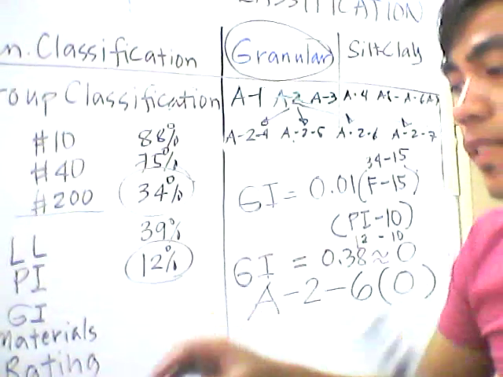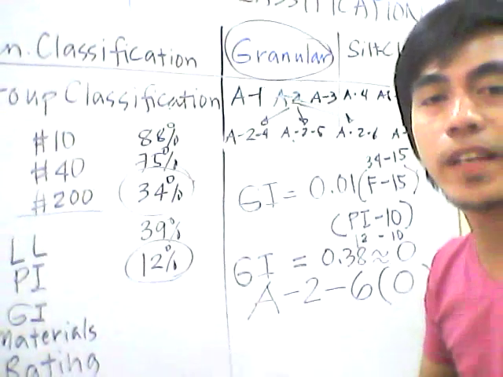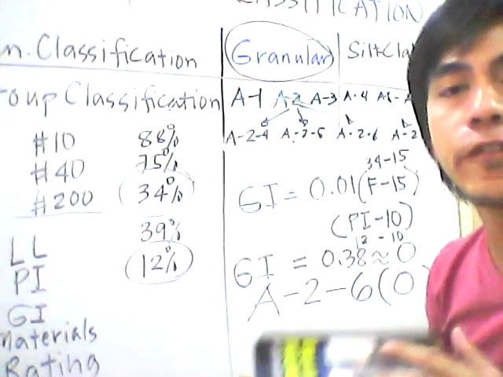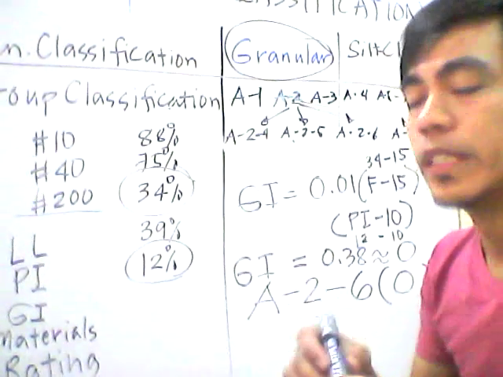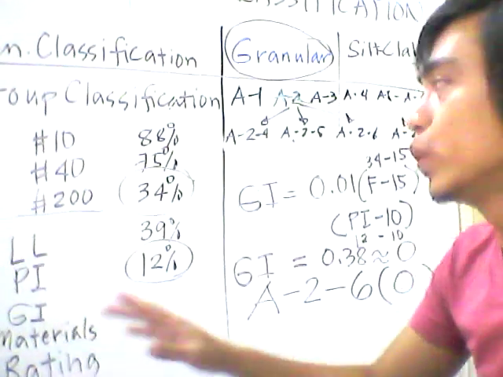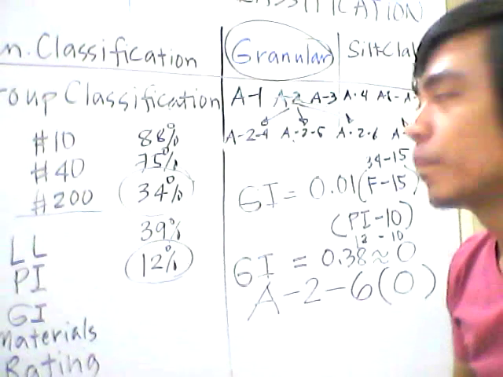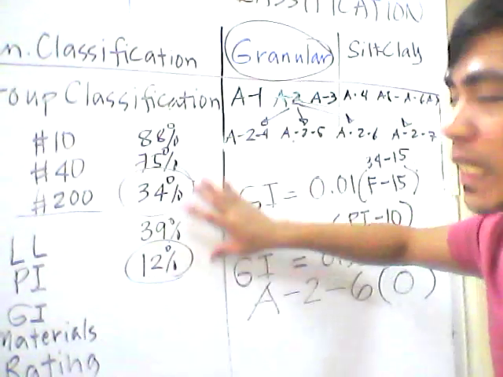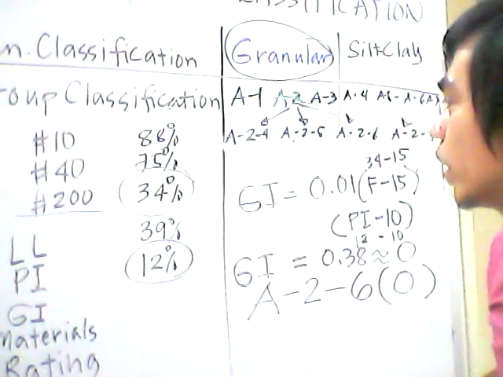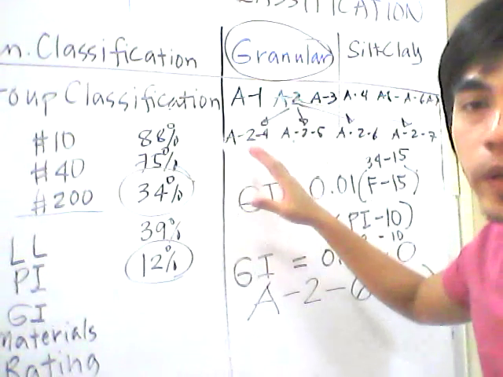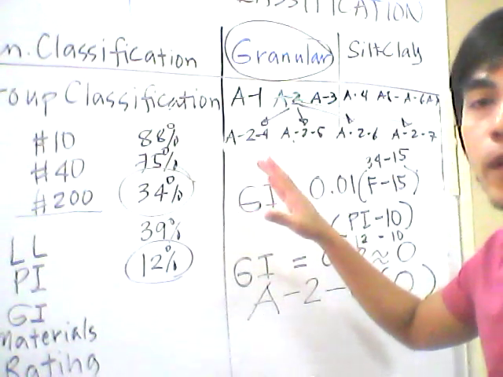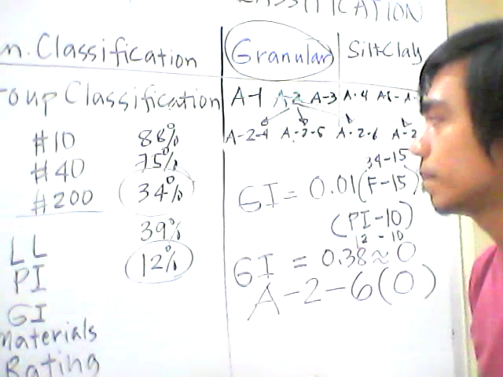Okay, this soil classification is somewhat difficult the first time, but as you go on practicing with different test data, you are going to be familiar with this soil classification system.